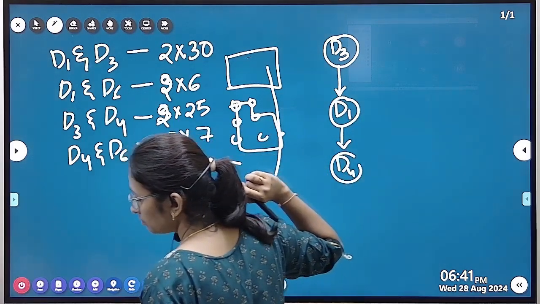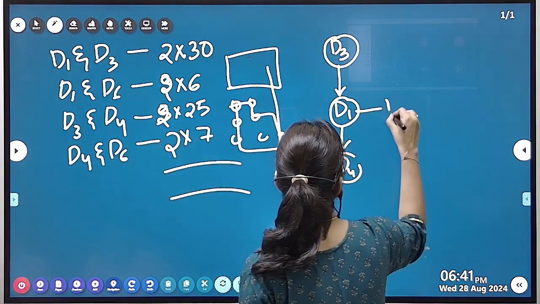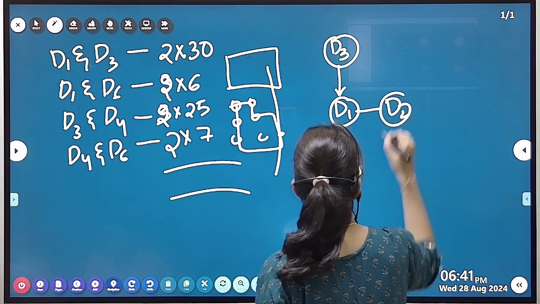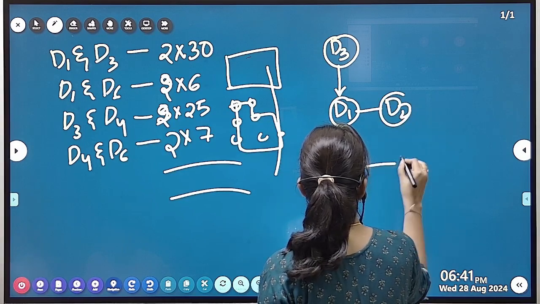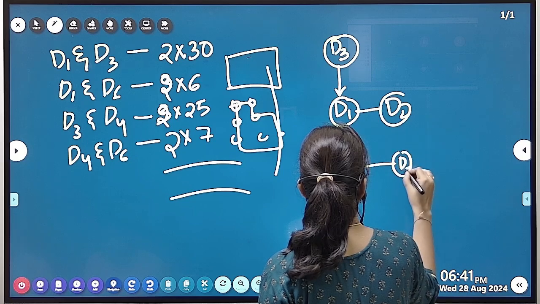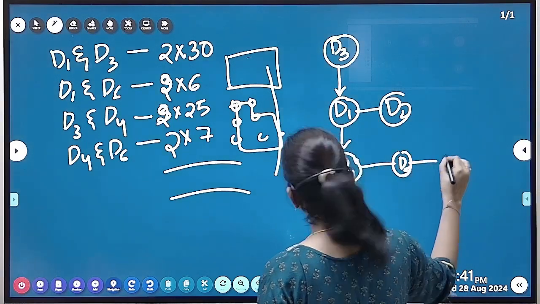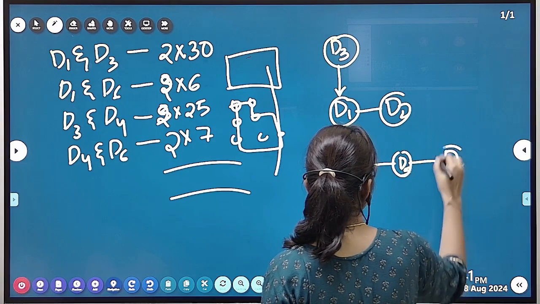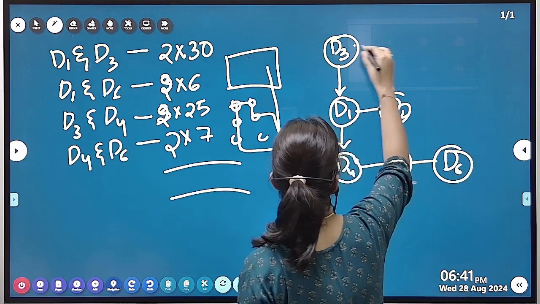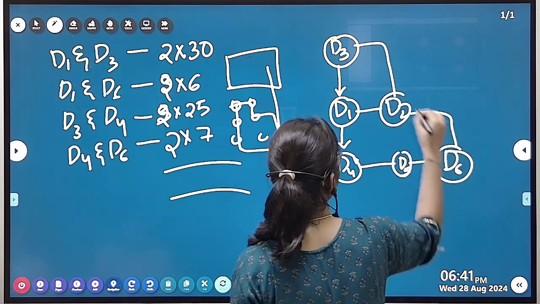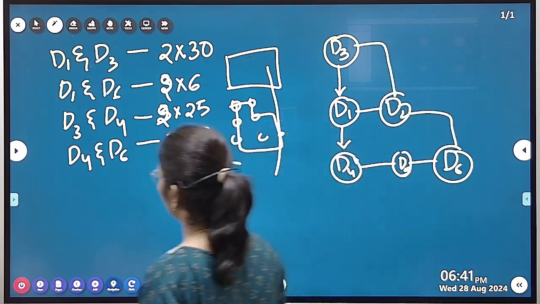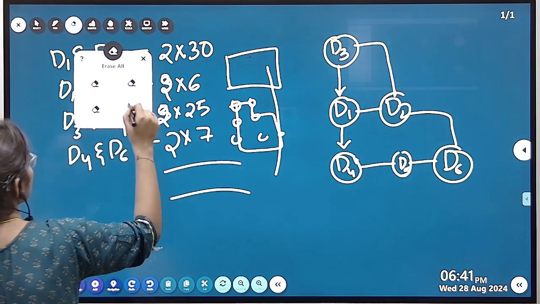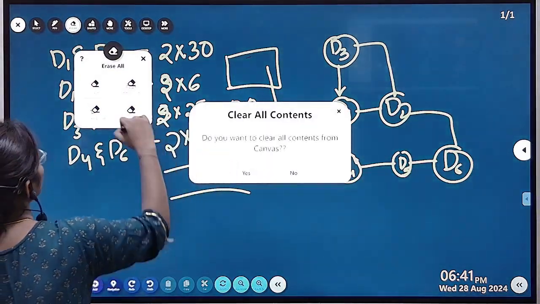Next D1 to D2. Next D4 to D5. D5 to D6. So they are making this interchanging. So let us now do the distance between those.